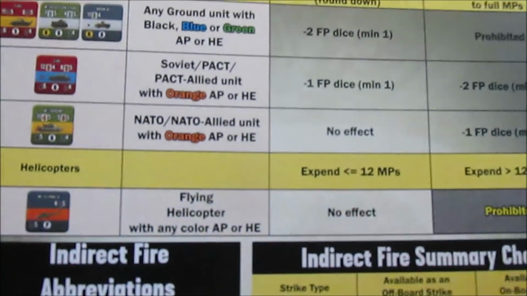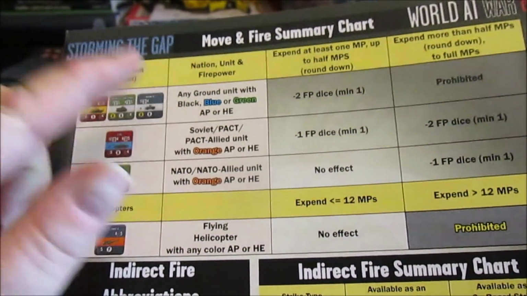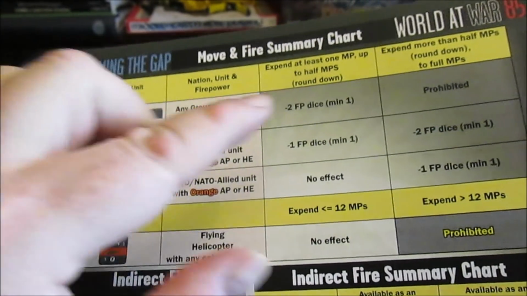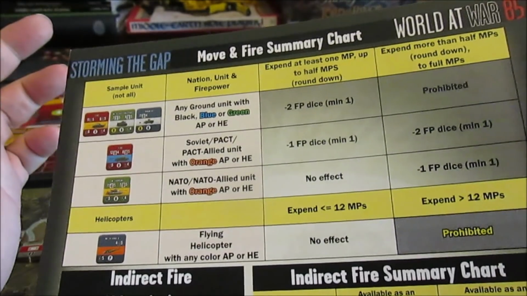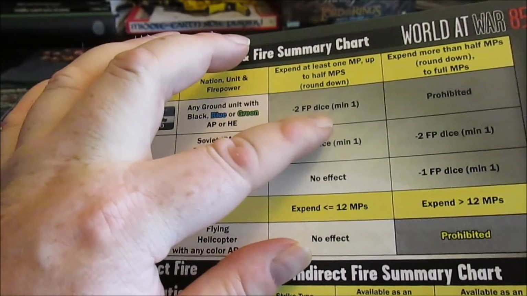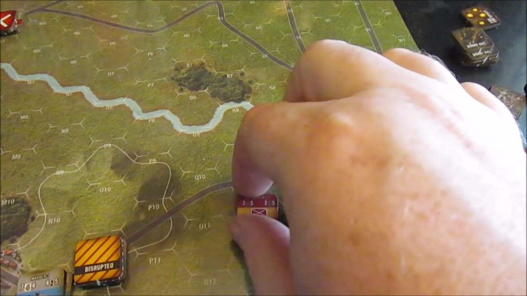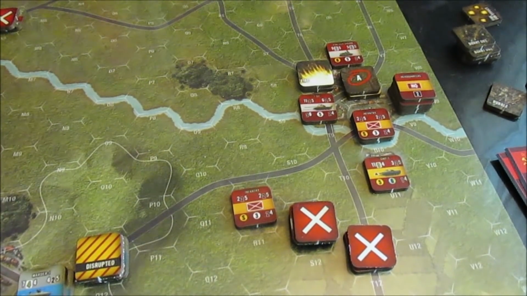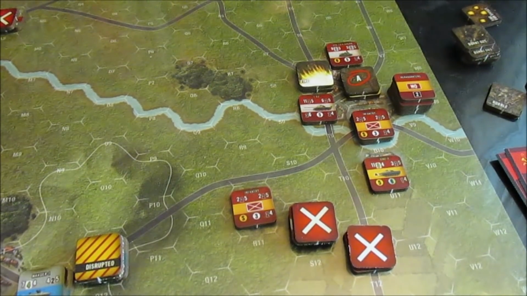All right, so it's any ground unit with a black, blue, or green AP or HE, which is basically what restrictions we're falling into. Expend at least one movement point, up to half, which is we spent one movement point. -2 firepower dice down to a minimum of 1. All right, so they moved, fired and moved. It would normally be -2 firepower dice, but to a minimum of 1, so they have 1 firepower dice.